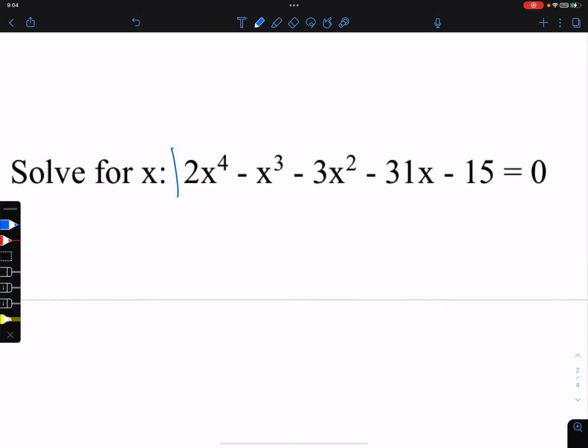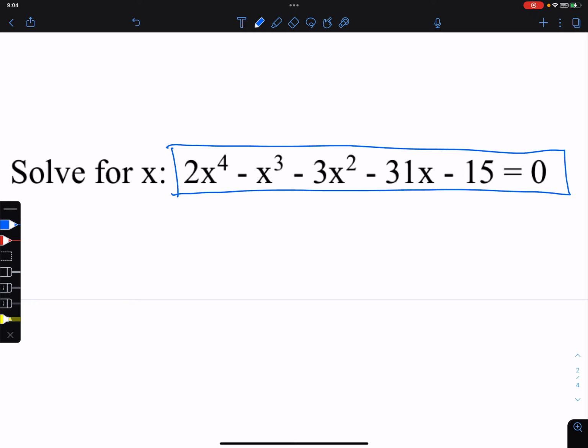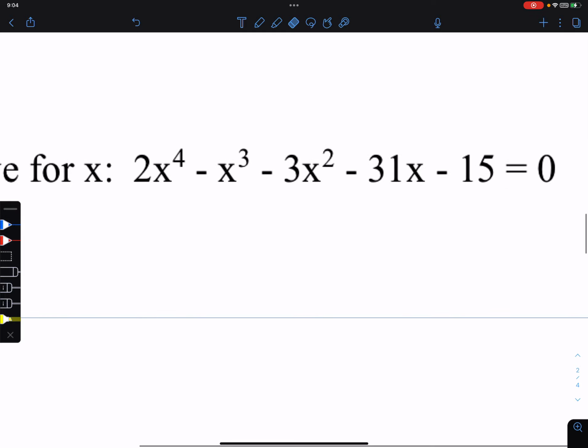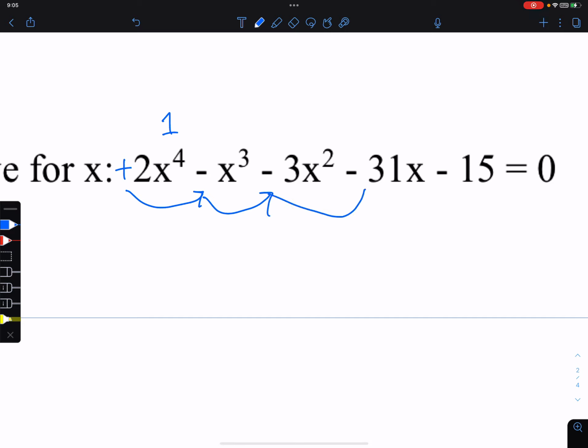Look at your polynomial in descending order. How many times does the sign change? If you look at this, it's positive, negative, so that's one change. It's still negative, still negative, still negative. Now, what does this 1 represent?